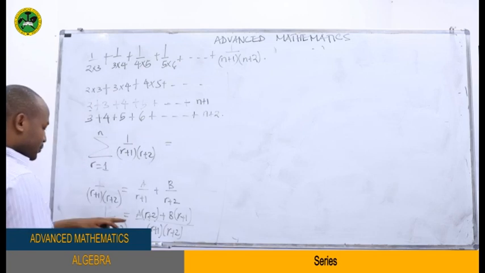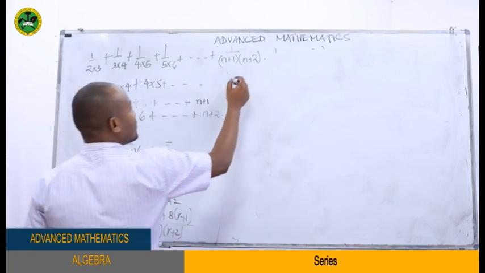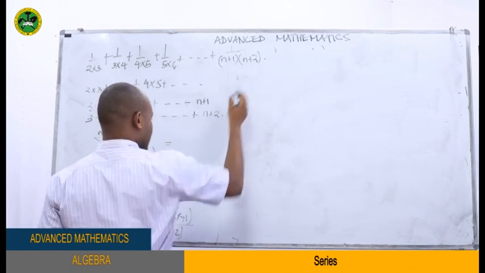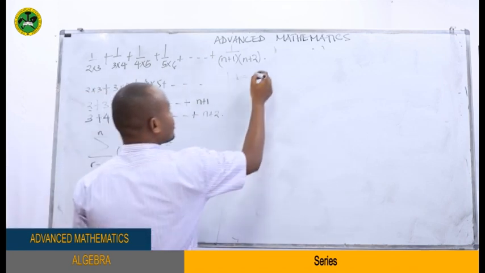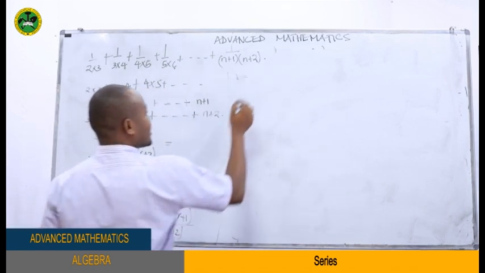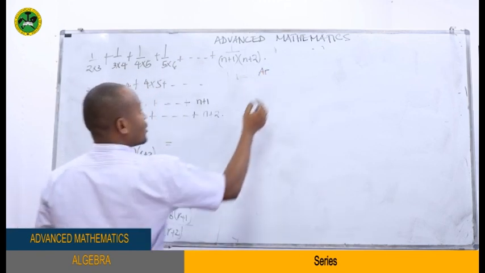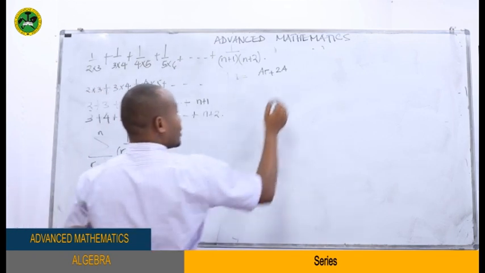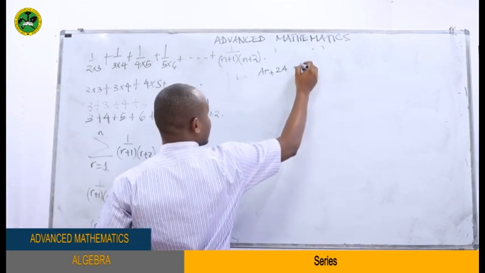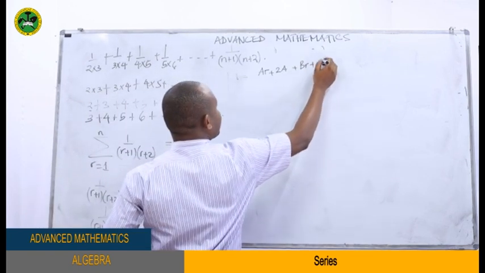Let's simplify more. That means the denominator will go, and we'll be left with 1, which equals, I'll open the bracket directly, ar plus 2a plus br plus b.